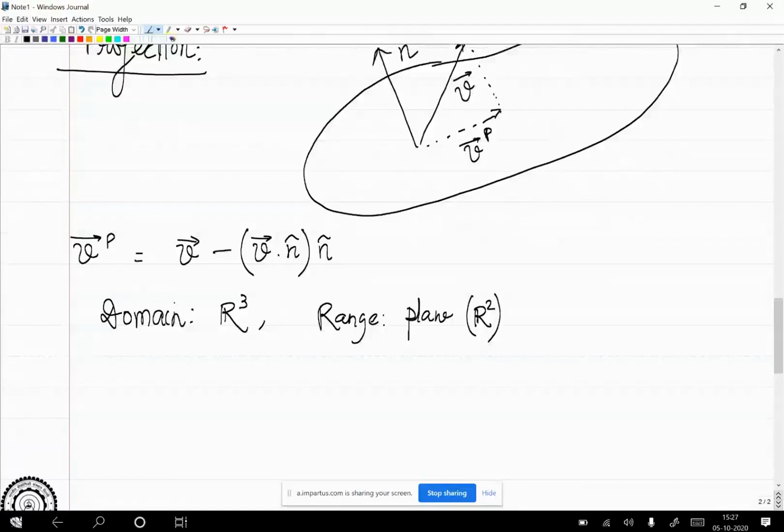To be more specific, yes, all vectors in R3. You are right. The domain is all vectors in R3, and the range is all vectors in this plane.